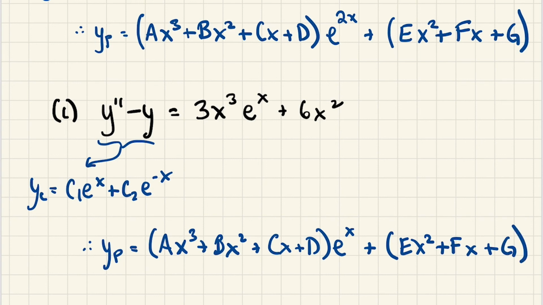Okay, so is it really? Well, yeah, if you distribute this e to the x, then the d e to the x is a repeated term of c1 e to the x. So the only way around this is actually what you might think, which is just to put another x in front of that one, like that. And suddenly, that completely solves the problem.